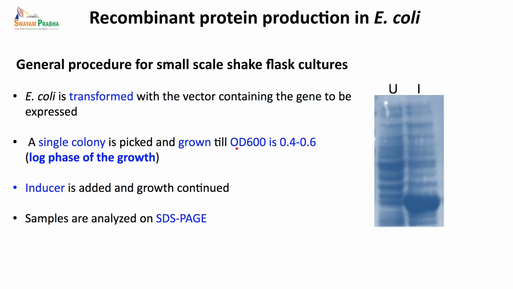It is grown till the OD at 600, optical density at 600, which is used as a parameter to monitor the growth of E. coli, is between 0.4 to 0.6, because when the OD is in this range, the E. coli culture is in the log phase of growth.